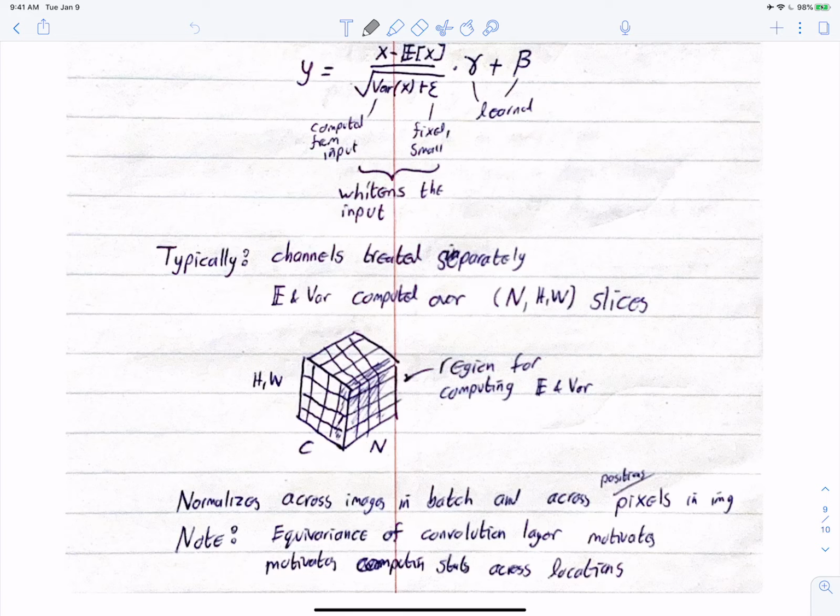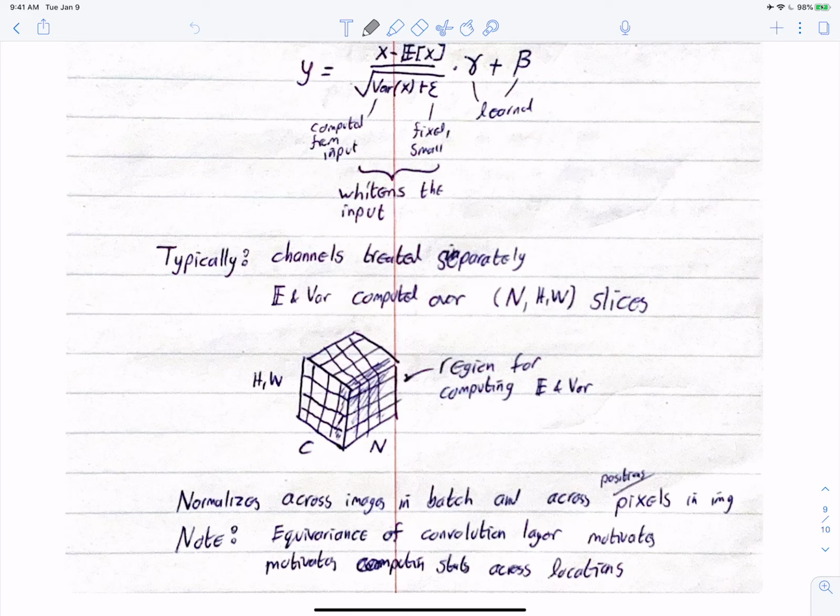And so then the expectation and the variance are computed over particular slices, and that's the slice of n, h, and w. So that's graphically depicted in this figure. So this three-dimensional volume, the vertical direction is height and width together. Then the other two directions are the channels and the batch number, the number of the image within the batch.